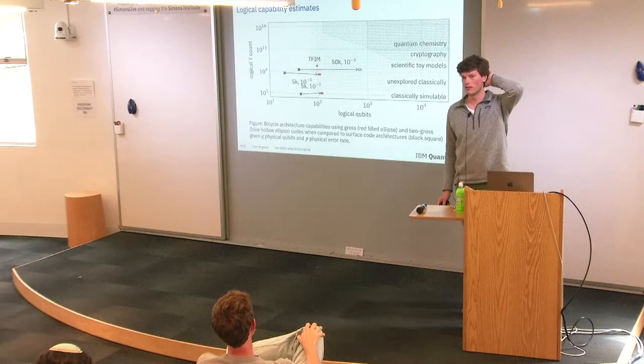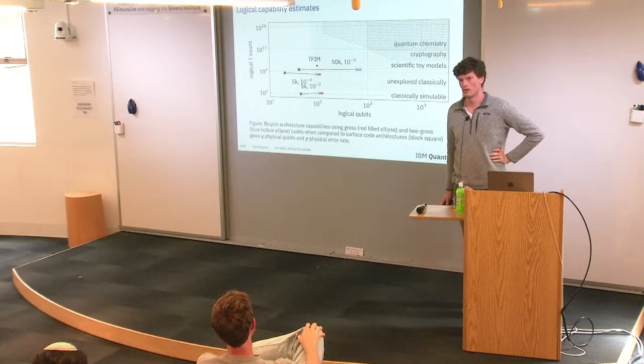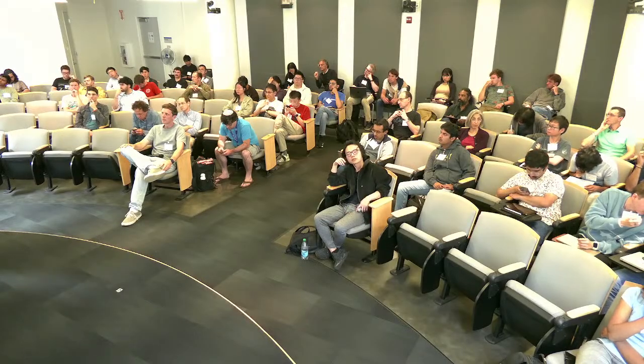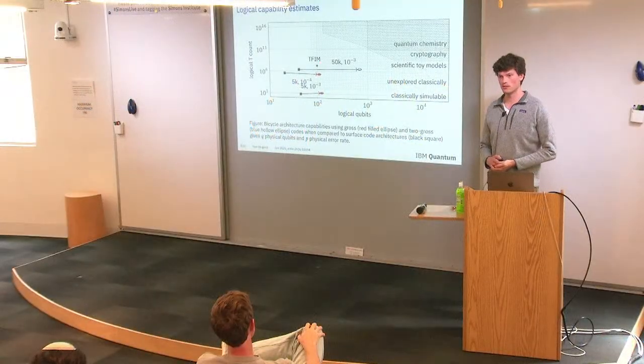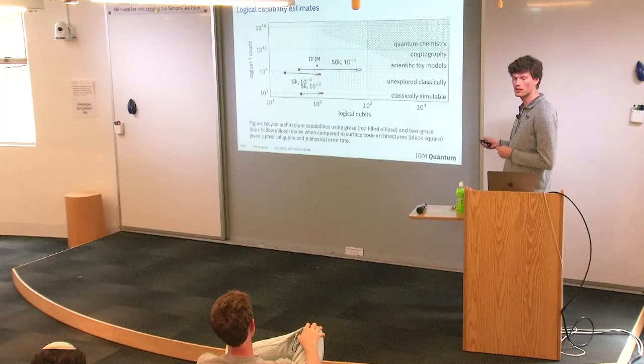So these numbers, I assume, represent these factories? No, we use the same magic state factories to compare the two architectures. The only difference here is the type of code that we're using.